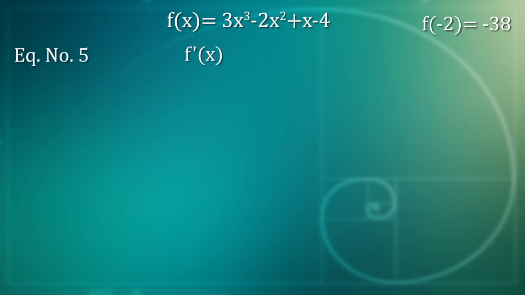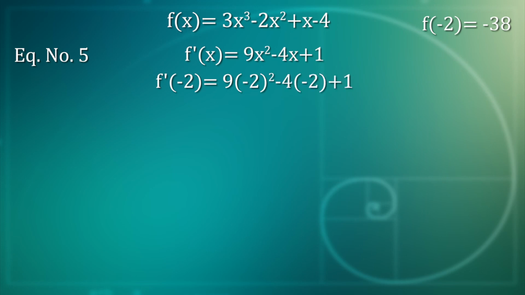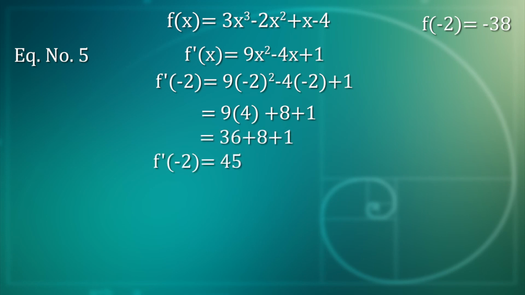So, f dash x is equal to 9x square minus 4x plus 1. Now, f dash of minus 2 is equal to 9 into square of minus 2 minus 4 into minus 2 plus 1, equal to 9 into 4 plus 8 plus 1, which is equal to 45.